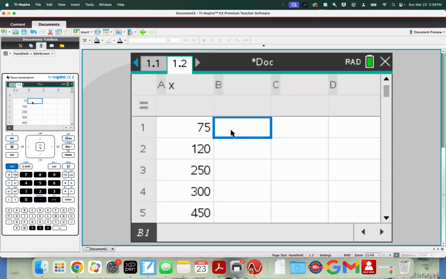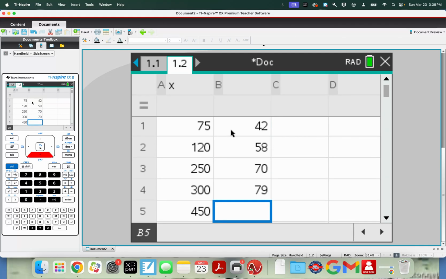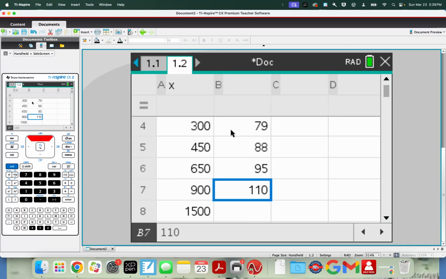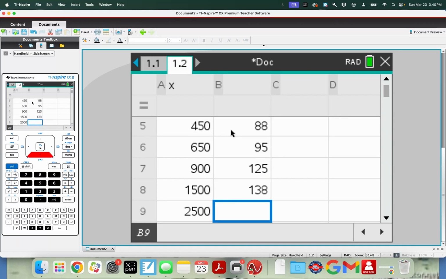Let's see, it's 42, 58, 70. Oh, okay, so going up by that much. 79, 86, nope, 88, 95, 110, 125, 138, and 175.